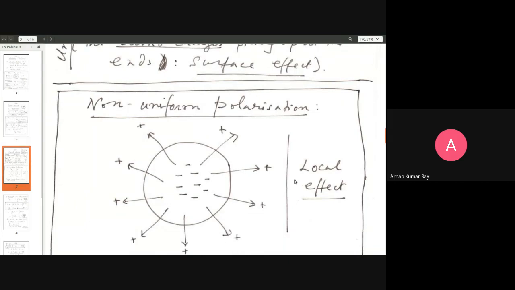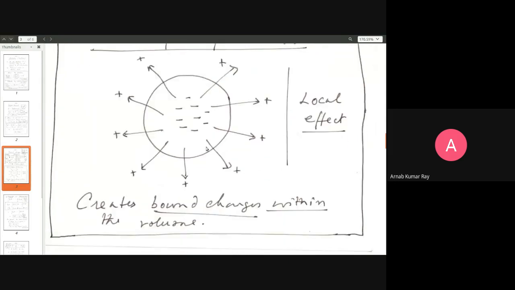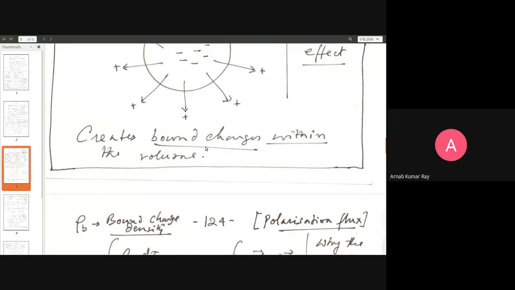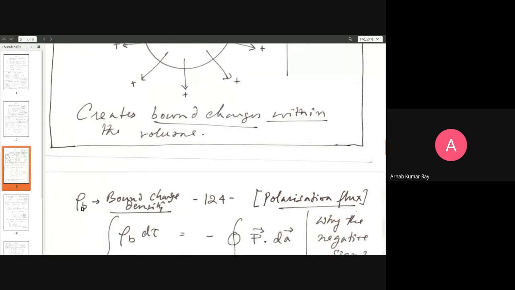Okay. Now we will upgrade this discussion a little. Let us see. Rho B is the charge density, as you've had in the formula: divergence of E is equal to rho by epsilon naught. So rho is the charge density.